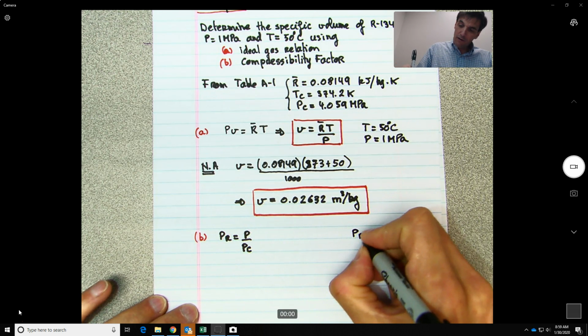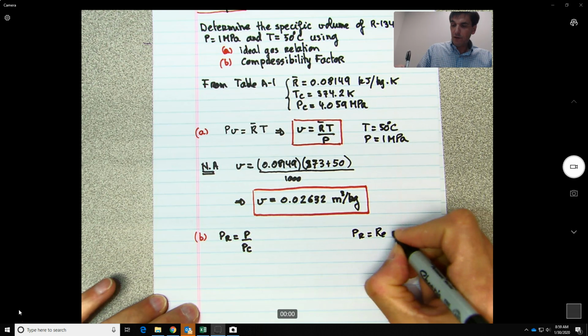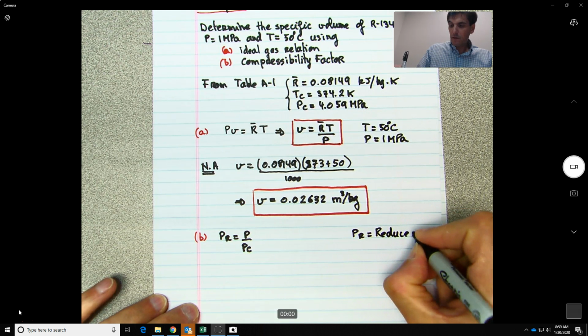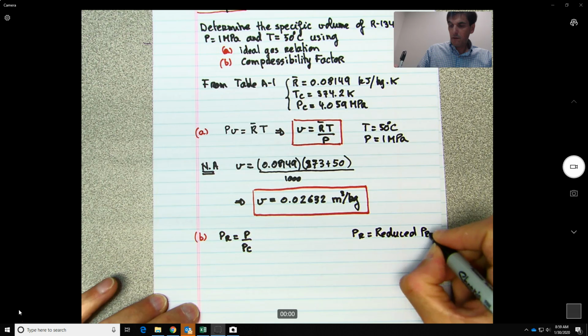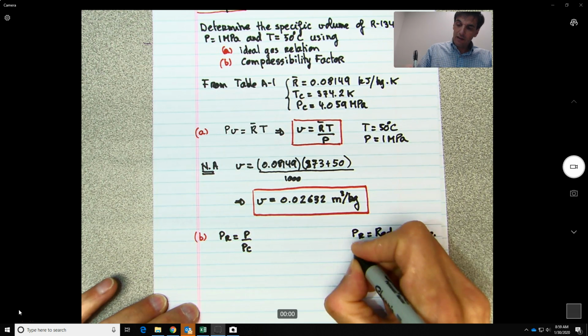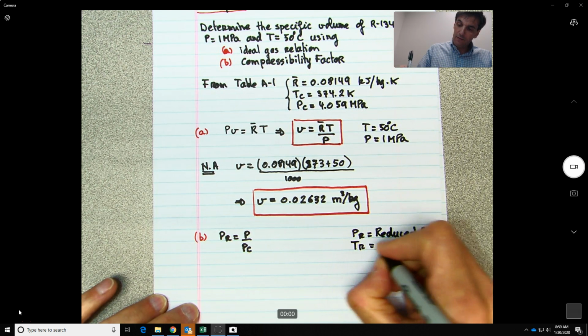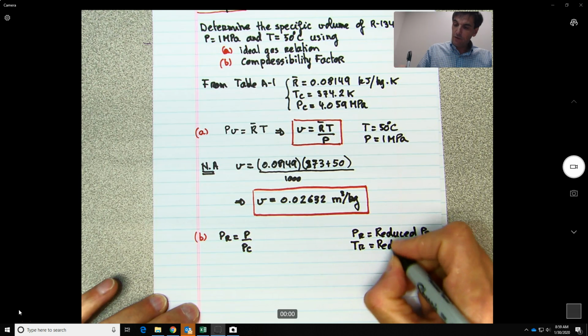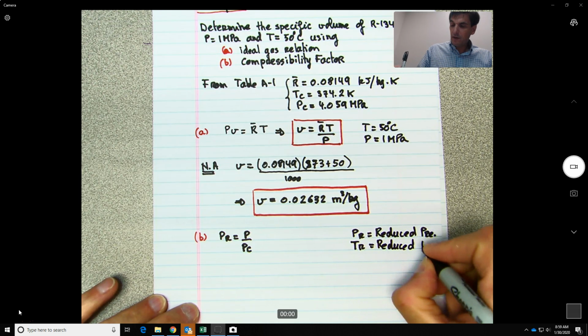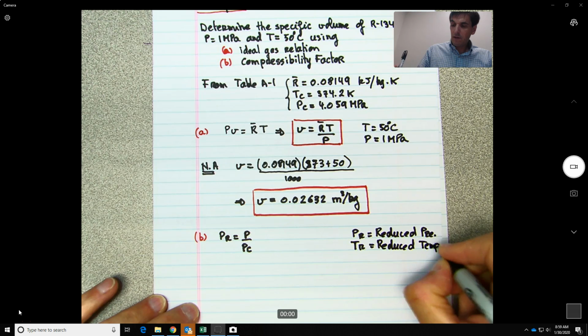PR is the reduced pressure, and TR will be the reduced temperature.